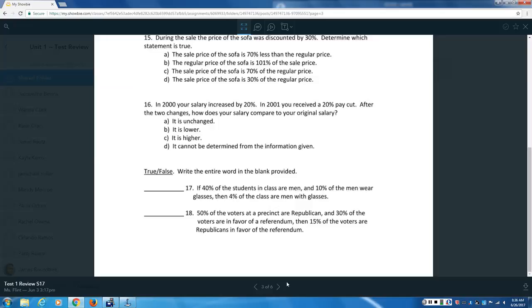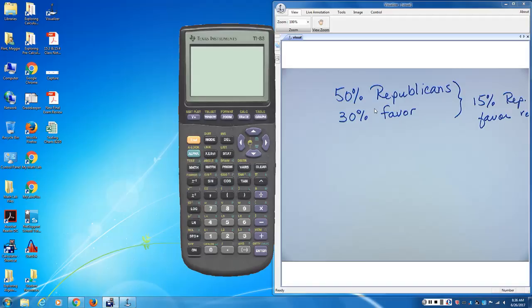And the question is, do 15% of the voters that are Republican favor the referendum? And actually, looking at that, I may be with you. There may be a typo, but let me look.